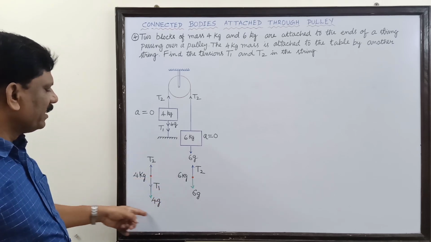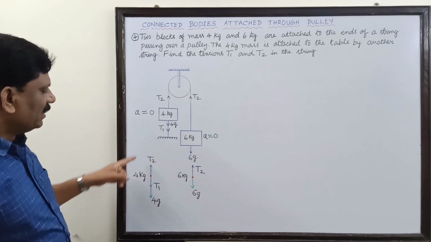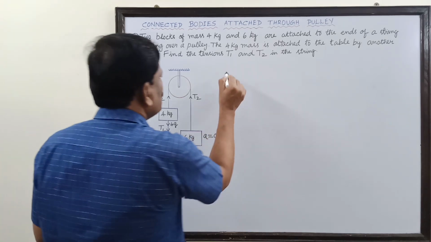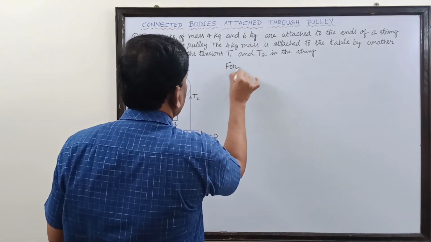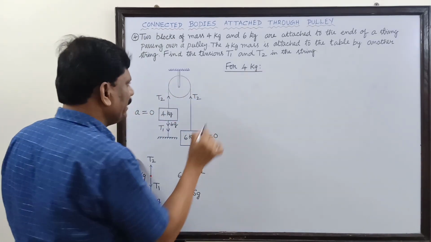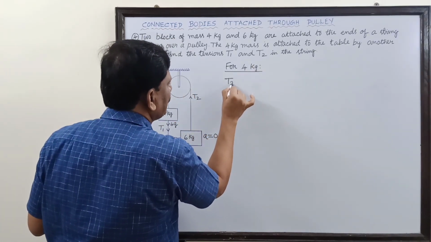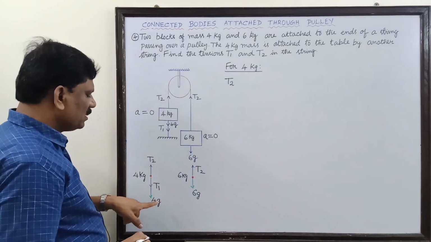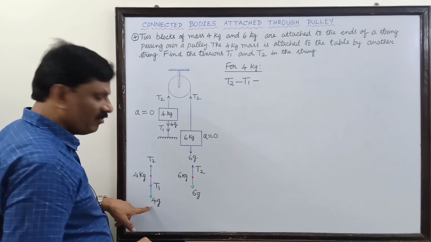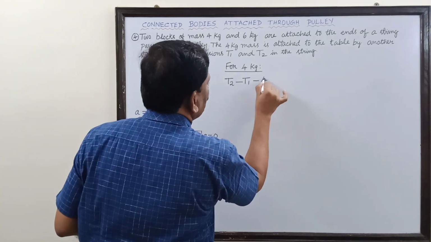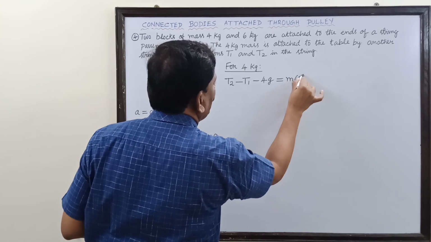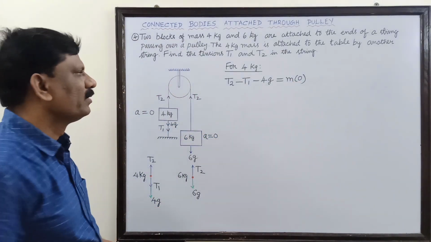So now I write Newton's second law. For the 4 kg mass, if I write the equation involving the tensions and acceleration, T2 minus T1 minus 4g is equal to mass into acceleration, which is 0.